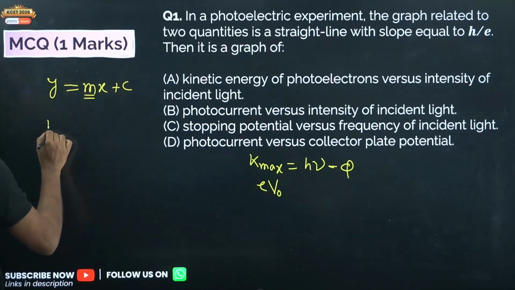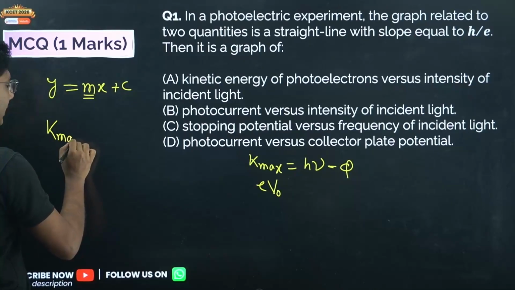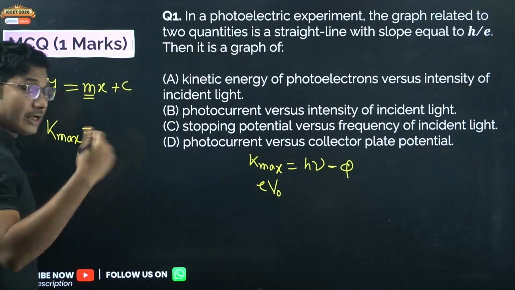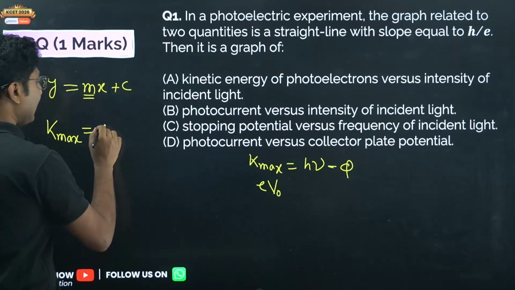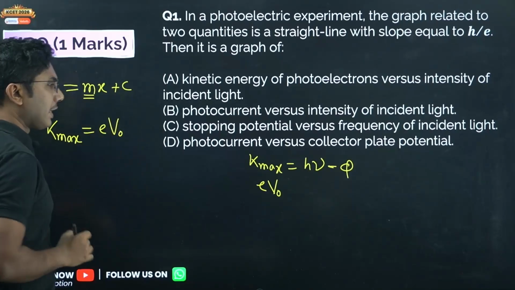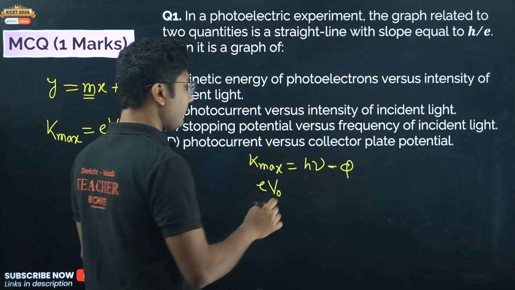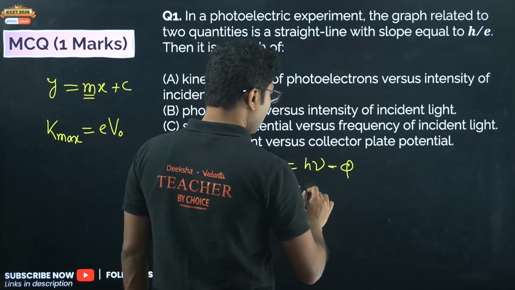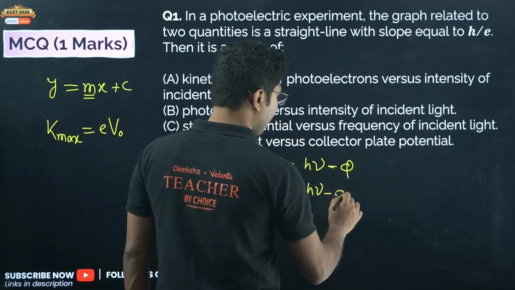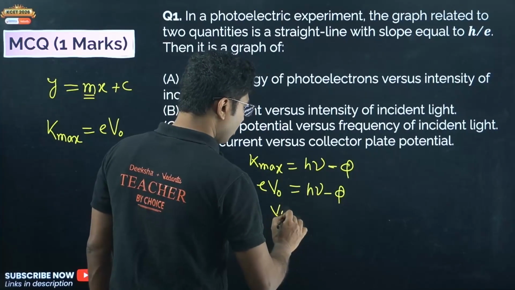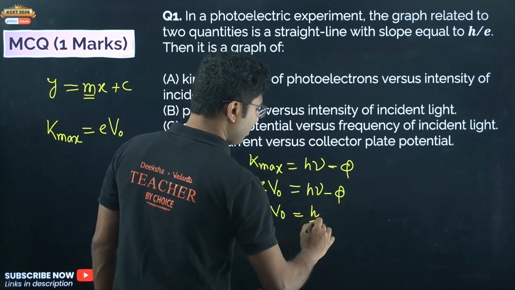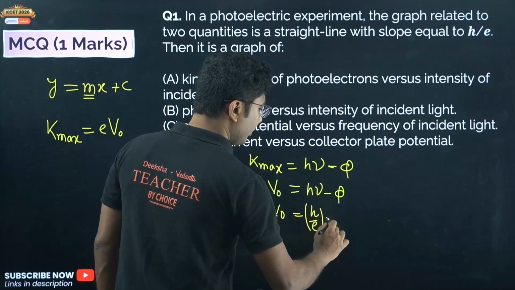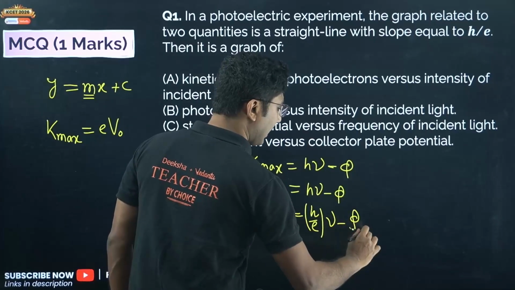K max, or the maximum kinetic energy of the electron that is coming out during a photoelectric emission, is given by eV0, right? So from there we can write eV0 = h nu minus phi naught, or V0 = (h/e) nu minus phi by e.